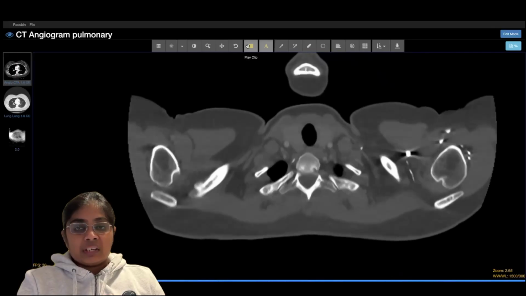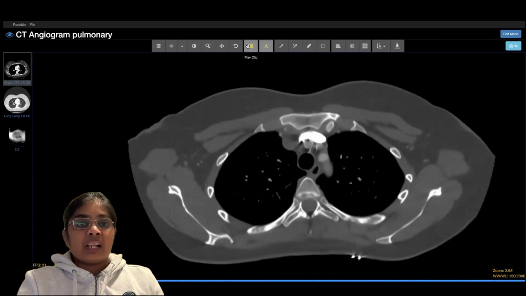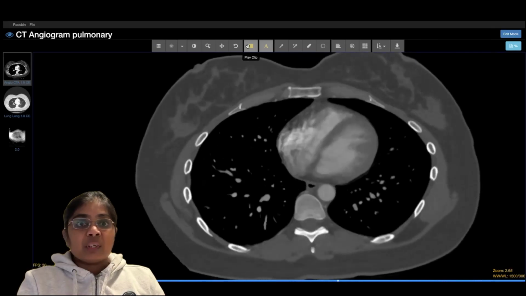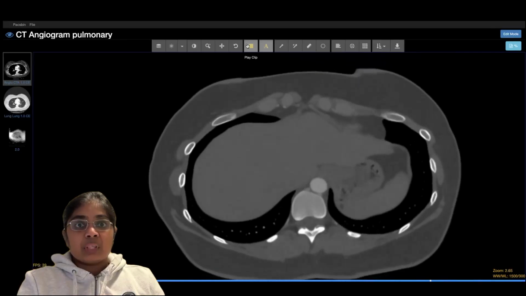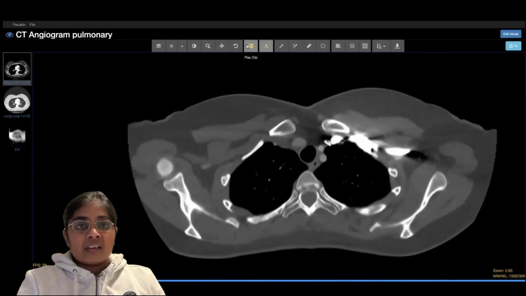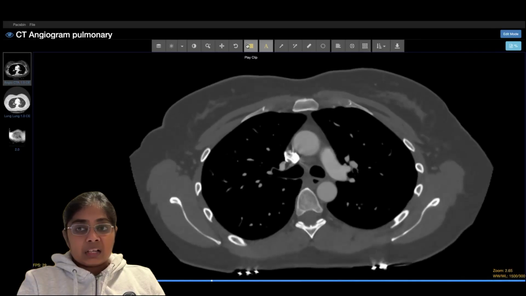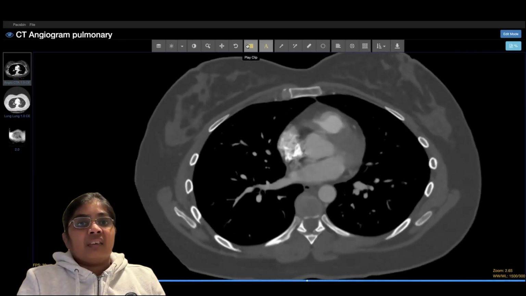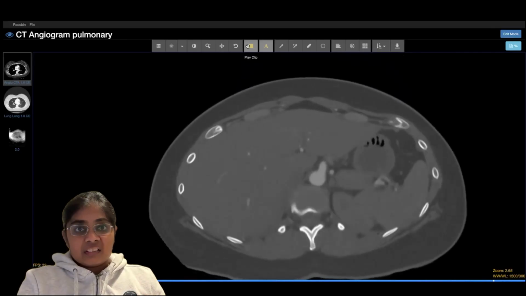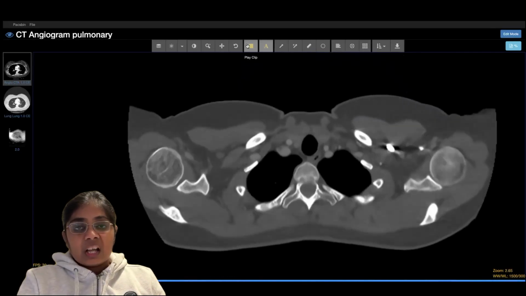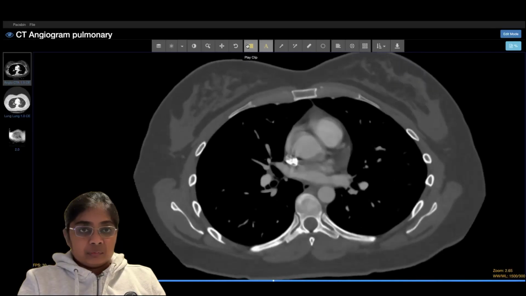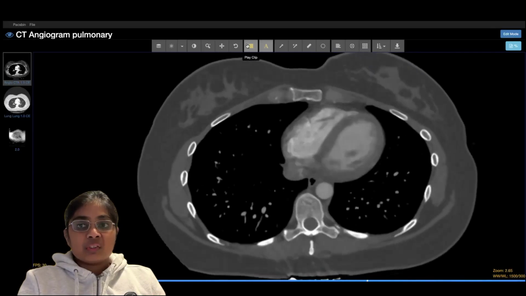So that is how I look at a CTPA. I start by evaluating the pulmonary arteries, then moving on to the mediastinum, the upper abdomen, and the lung parenchyma, where I evaluate airway, air space, interstitium, pleura, and MIP the images to evaluate for any pulmonary nodules.